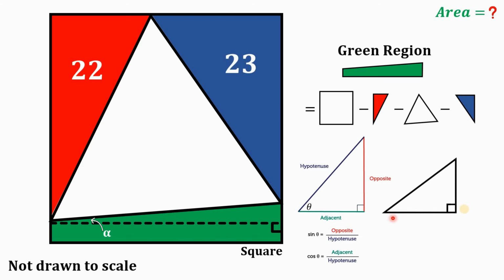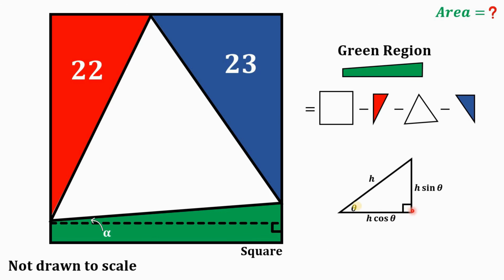For example, we have a right triangle right over here, and let's have the hypotenuse as h, and this angle, let's call this theta. Now, the opposite side simply equals h times sine of theta, and the adjacent side of this angle is h times cosine of theta. So we will use this concept to answer this question.